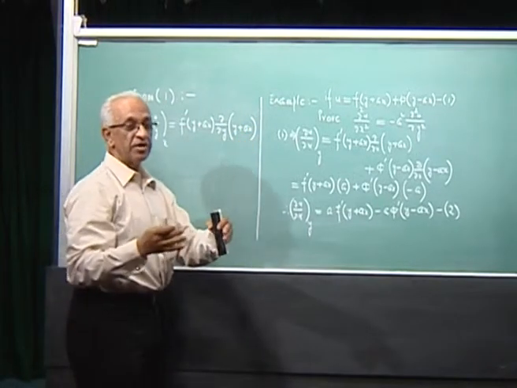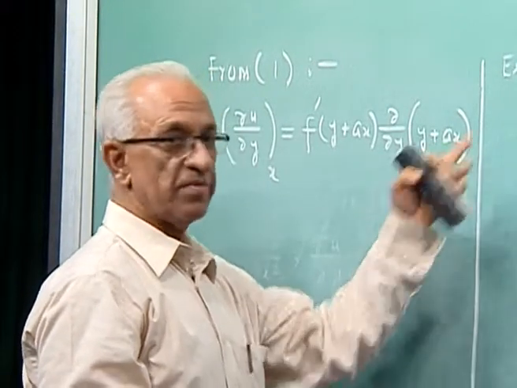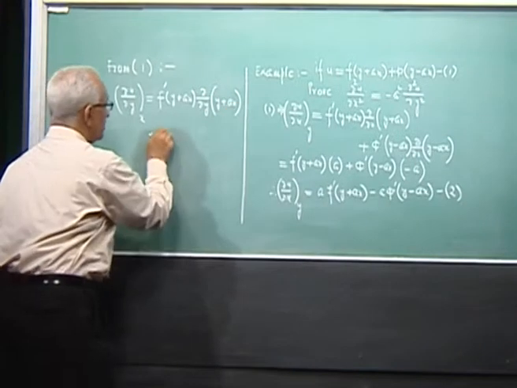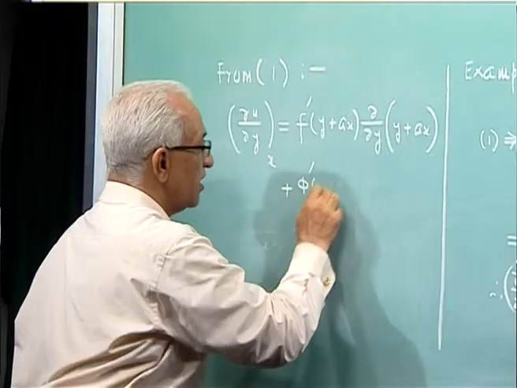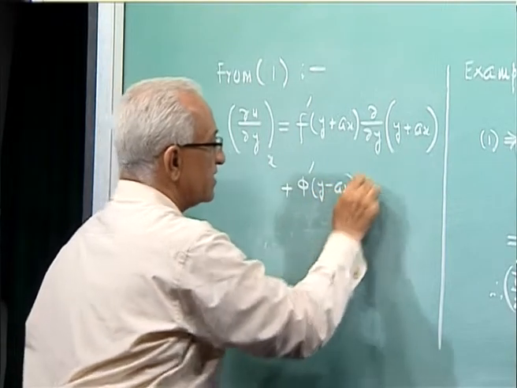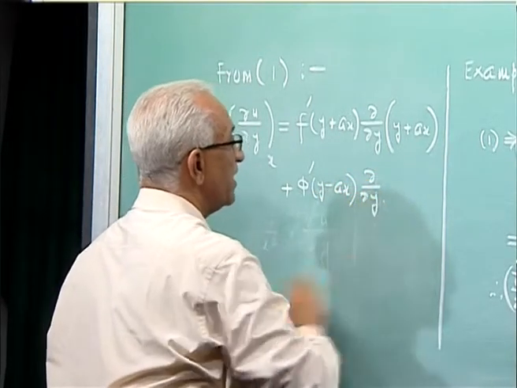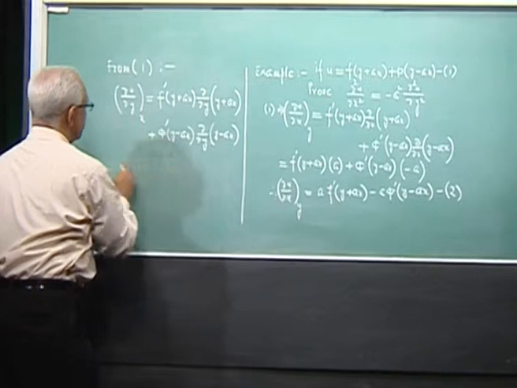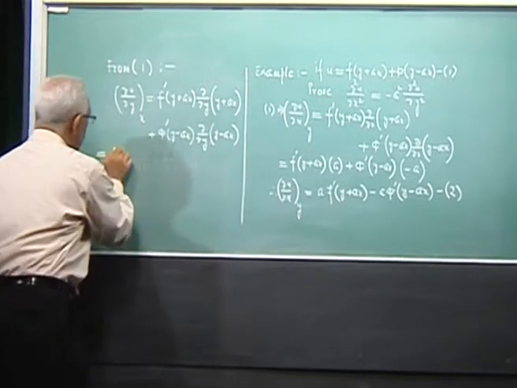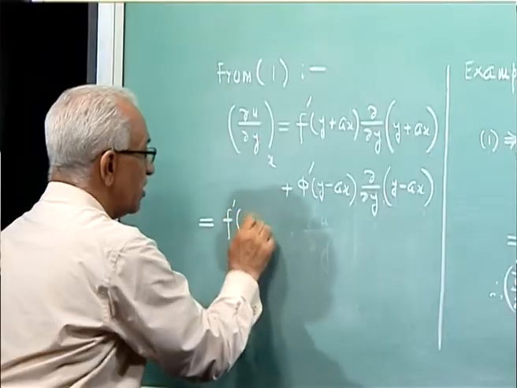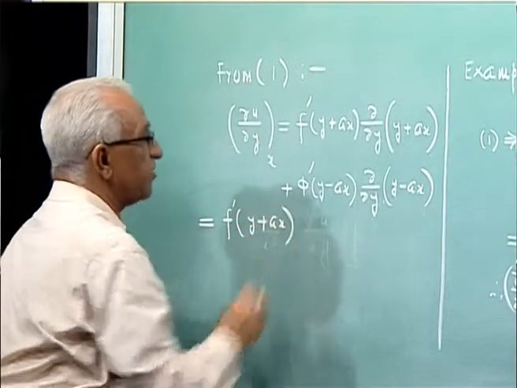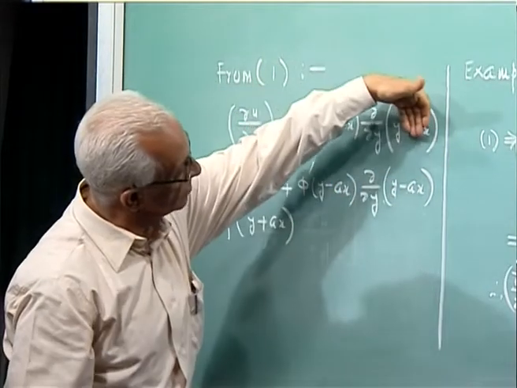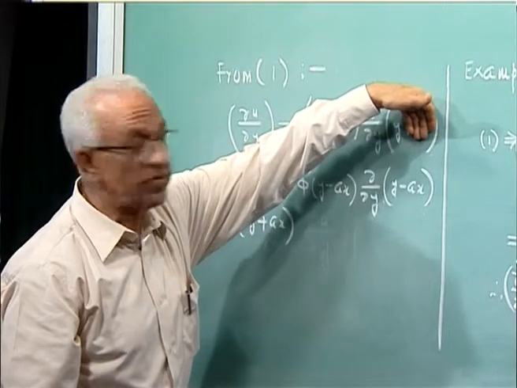I hope you have been able to get a very pinpoint understanding of it. The second term now, phi becomes, look from 1, phi dash, the first derivative, of y minus ax, we are taking with respect to y, and so it goes as y minus ax. In the same way as I have done here, the right hand side will continue, and I will have f dash of y plus ax. From here, note, I am doing with respect to y partially keeping x constant. So this term, as you look here, will vanish, will become 0.